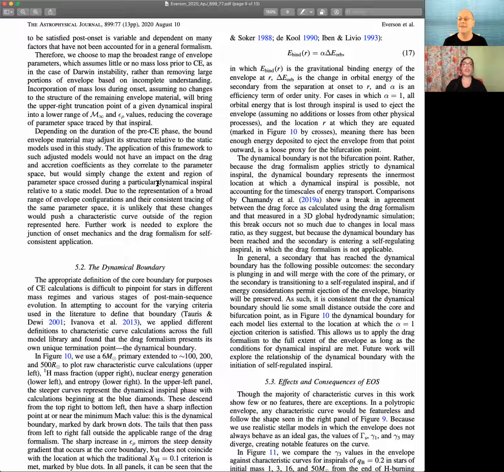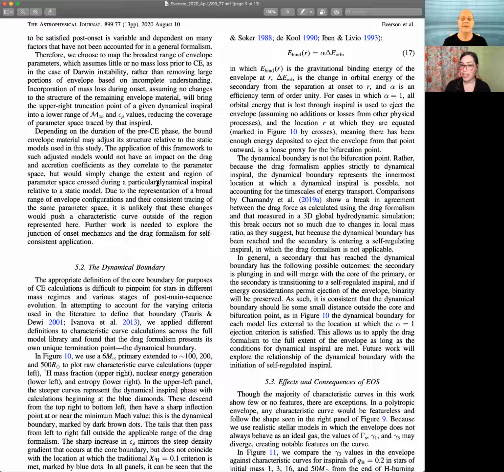When you look at the undisturbed structure of the profile, there's a location where you can see the characteristic curves naturally come to an end as they approach the core. It's not the core envelope boundary, so I want to be really clear about that. And it's also not the bifurcation point that we might assume if we were using an energy formalism to see where we would expect the envelope to become unbound.